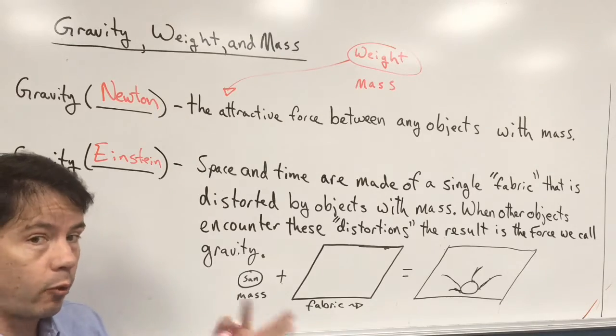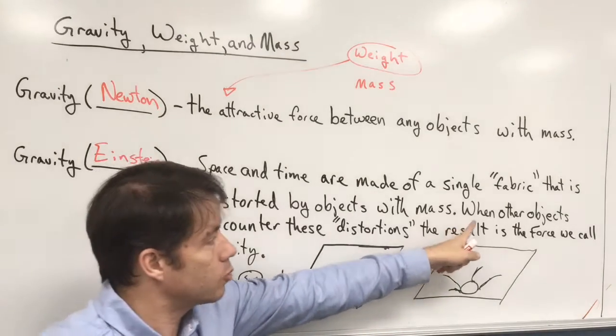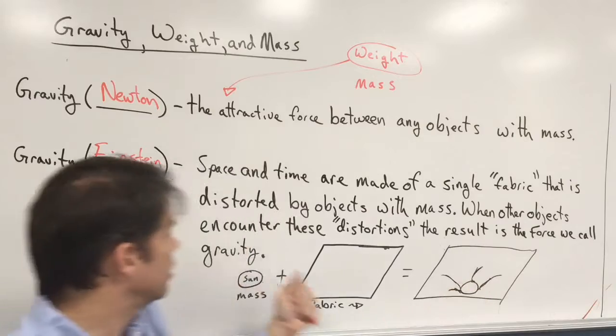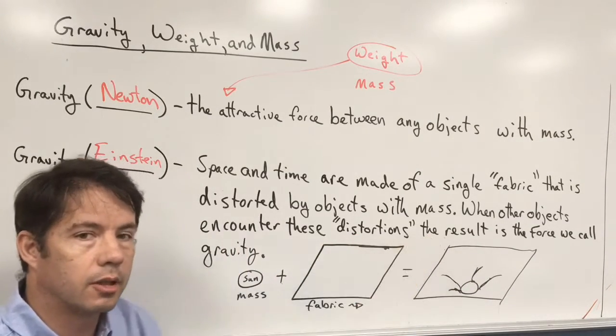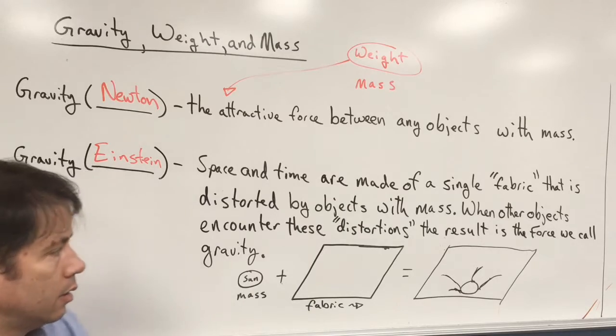Now, weight, or the force of gravity, is going to be experienced when another object encounters this distortion. The result is the force we call gravity.